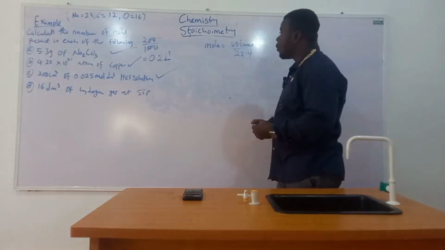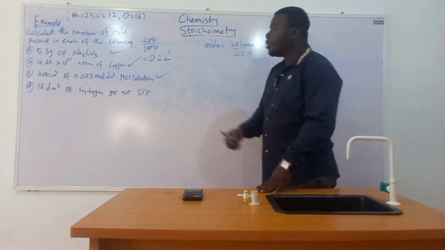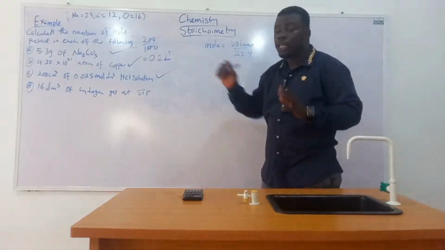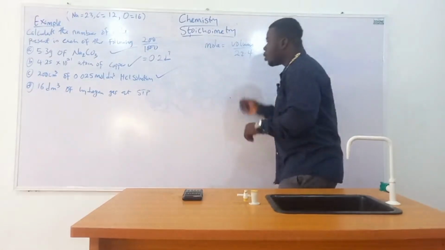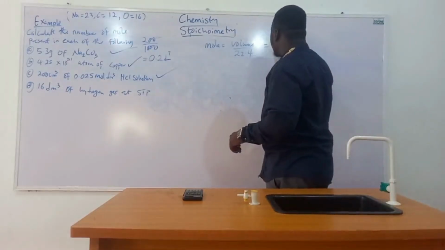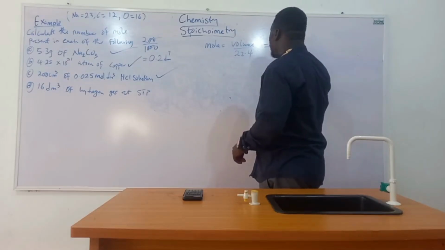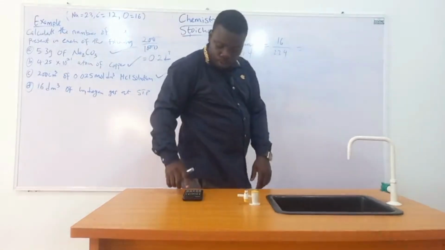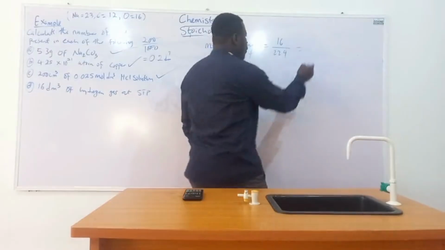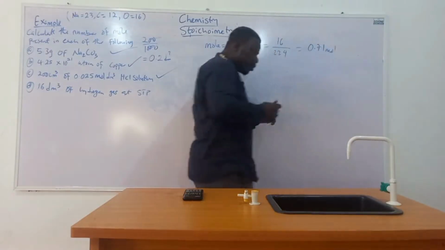Now, you can see clearly here that the volume is given as 16 and in the right unit, dm3. So we don't need to divide by 1000. So we can just say 16 over 22.4. If we do this, we get 0.71 mole.